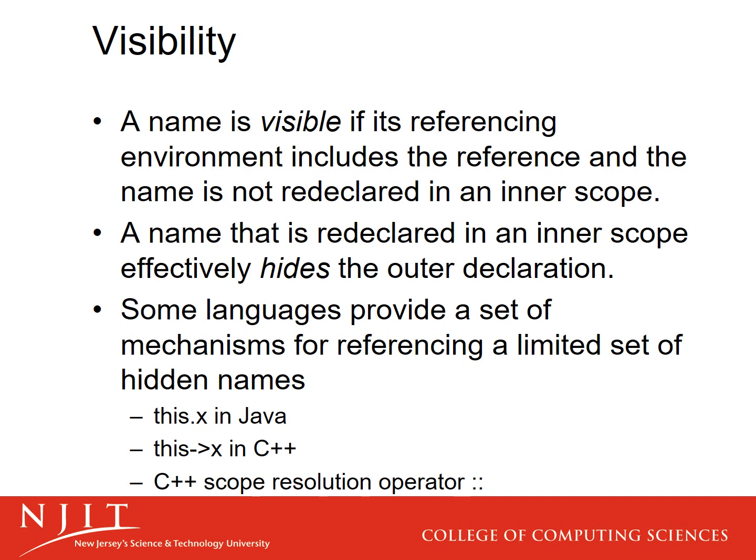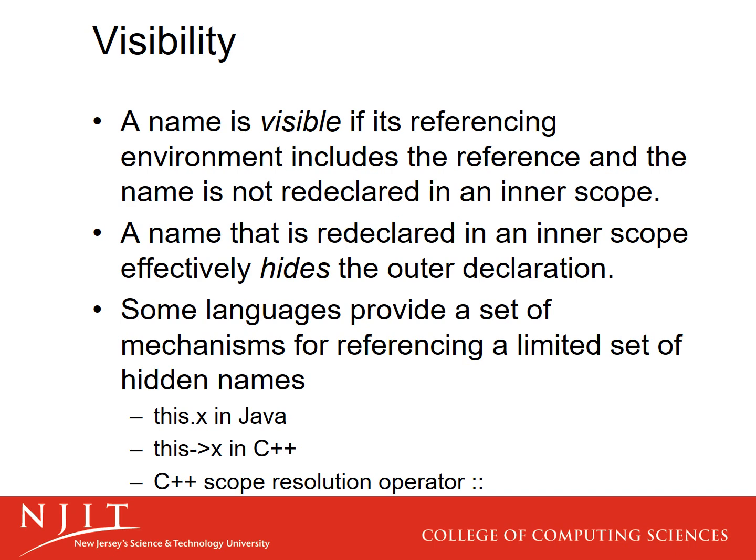This is just another way of talking about the thing I mentioned earlier. A name is visible if it's not hidden. If I declare a variable and I don't redeclare another variable with that name inside an enclosing scope, then everybody can see that variable. Otherwise, it's hidden.